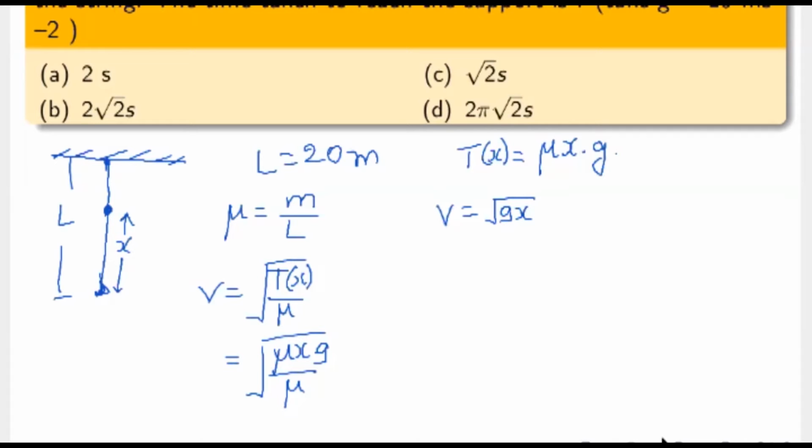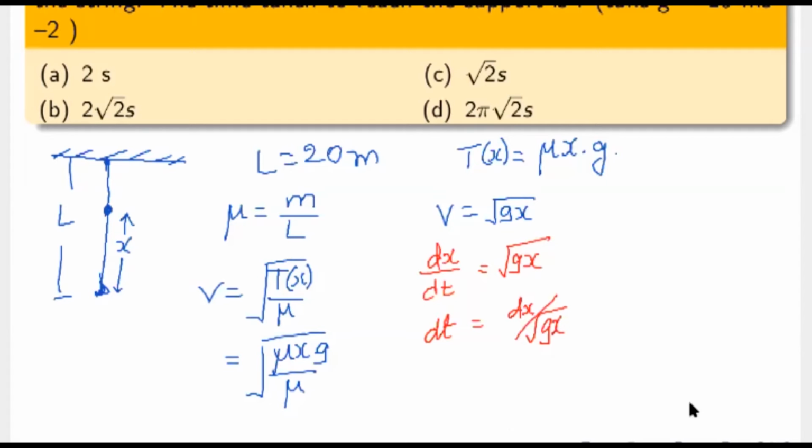By the definition of velocity or speed, it is dx by dt equals root of g x, or dt equals dx over root of g x. I need to calculate the time from this point to the top. So time is from 0 to t.